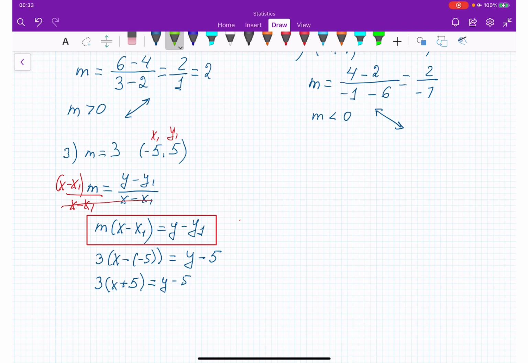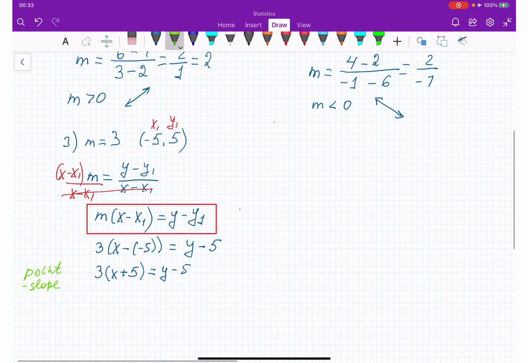Slope or point slope form. Point slope form. This is too thick. Let me make it thinner. Okay. Point slope form.